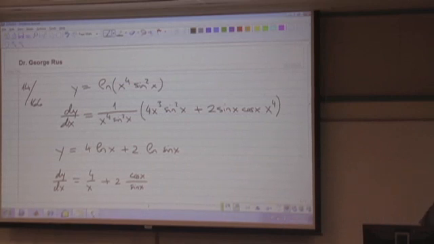Yes? Well, confused how we got 2 cosine x without that sine. The derivative of ln of a function is f prime over f, or g prime over g.